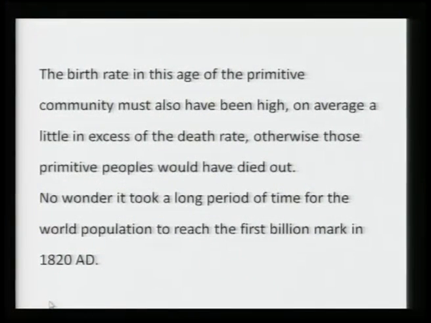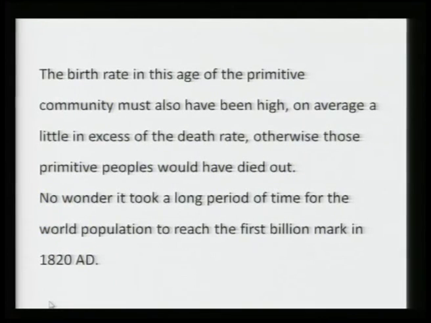The birth rate in this age of primitive community must also have been high. This is normally what we have. When death rates are high, then for the survival of human society it is natural that birth rate is also high, on average a little in excess of the death rate. Otherwise, those primitive people would have died out and we would not be existing today.